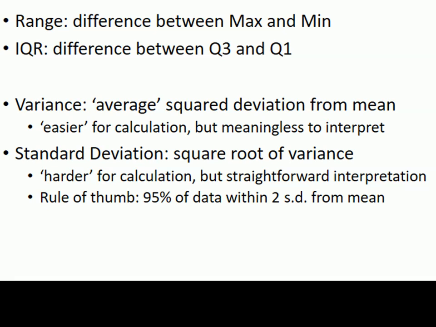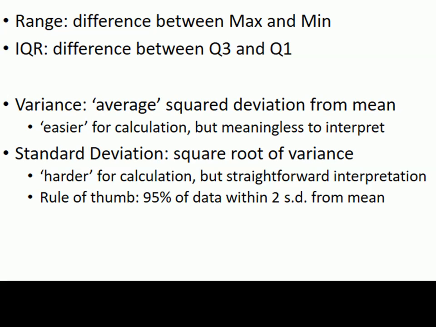And then you add up all those squared differences, and then you divide by, not n, which is the number of numbers in your data set, but n minus 1. Well, anyway, we don't have to do that by hand. We have calculators and we have software that'll do that for us, but that's just what variance is.